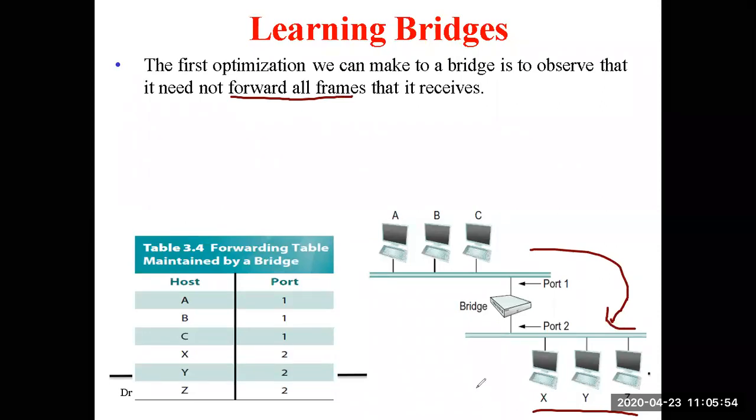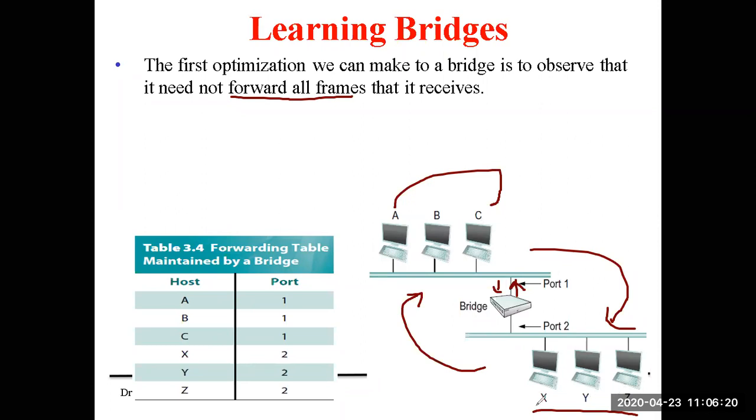If the frame is between A and C, why should it forward it? It should not. A and C are in the same LAN, so even though the packet comes here, it will never forward it. It will just send it back.